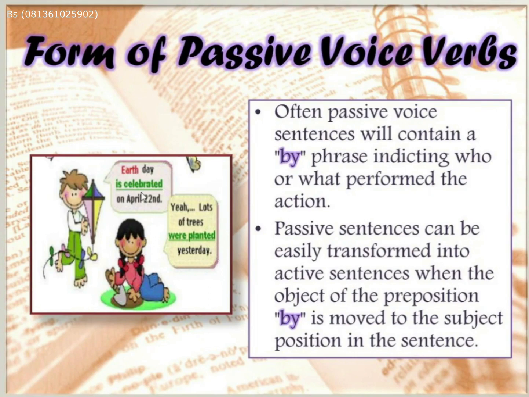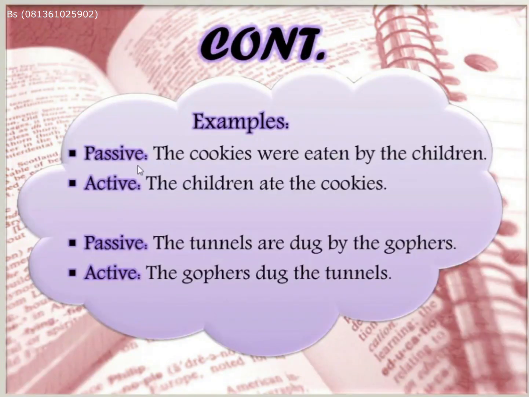Earth Day is celebrated on April 22nd. Lots of trees were planted yesterday. So here there is no by. In the passive, the cookies were eaten by the children; active, the children ate the cookies. The tunnels are dug by the goblins; active, the goblins dug the tunnels.